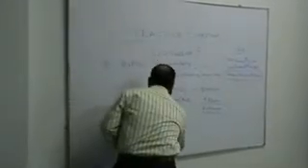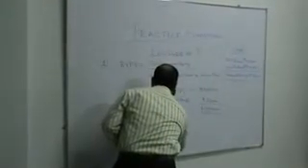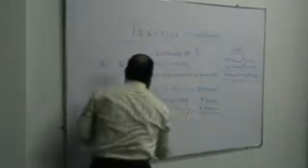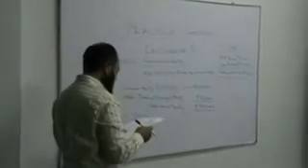Now we can calculate book value per share: $4,400,000 divided by the 200,000 shares outstanding. So book value per share is $22.